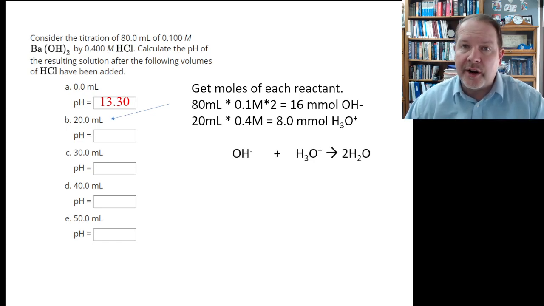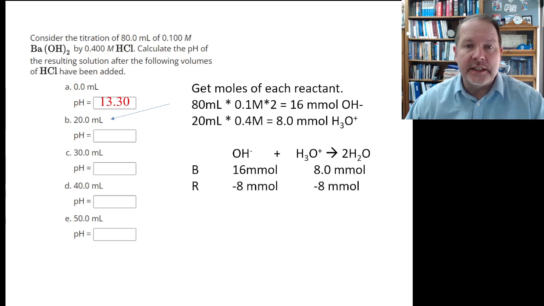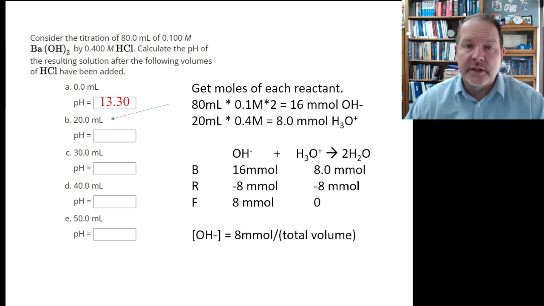So I'm going to set up a BRF table to help think it through. Put the 2 reactant moles in there. And then I'm going to react, which means remove the least reactant, so the limiting one. That's 8 millimoles of the hydronium ion. So the hydronium ion's gone. I have 8 millimoles of the hydroxide. Well, in order to figure out the pOH, I need the hydroxide ion concentration.